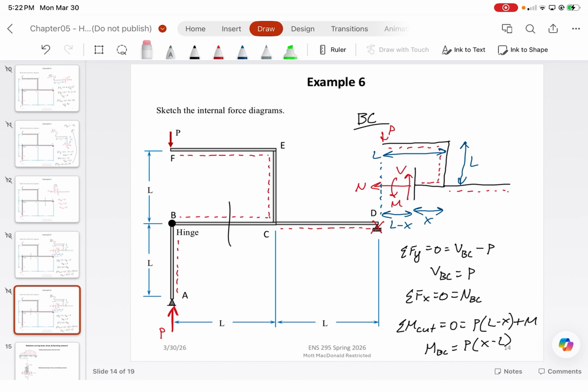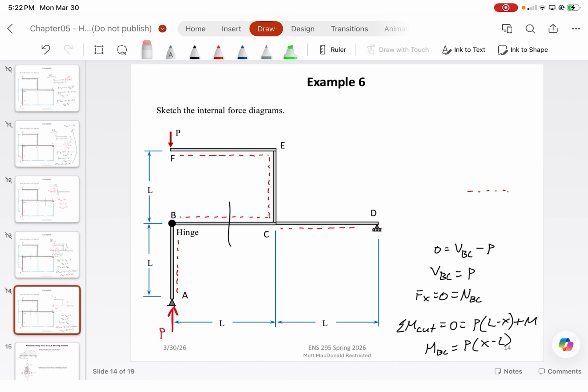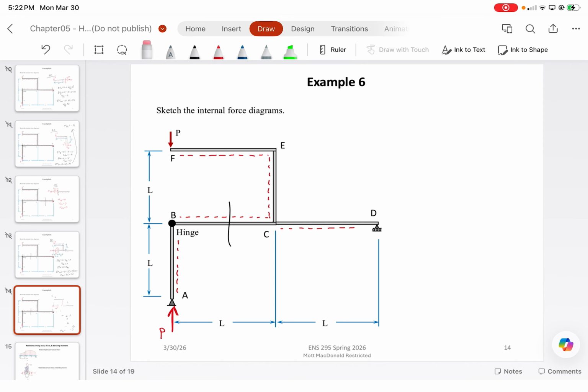Our reference fiber is right here. Draw shear force going to the reference fiber. Moment causes tension, and then axial force here. We have a force P, and simply enough, we should get the moment in AB is equal to 0, the shear in AB is equal to 0, but the axial force in AB from forces in the y direction is equal to negative P.